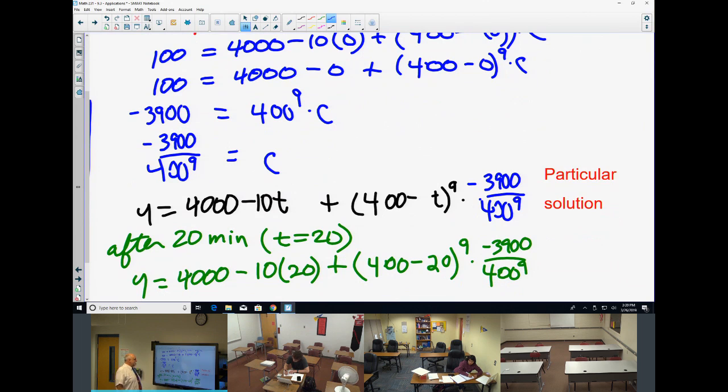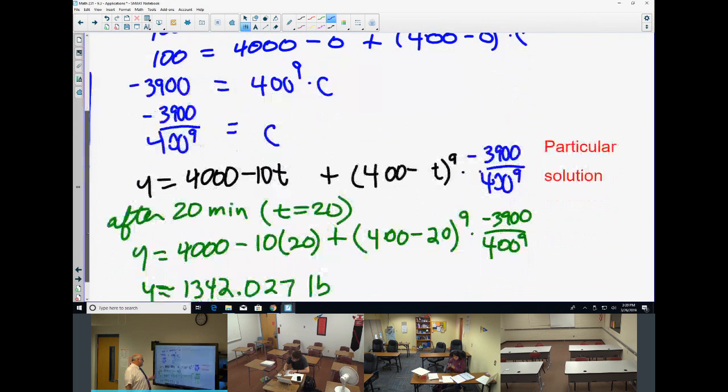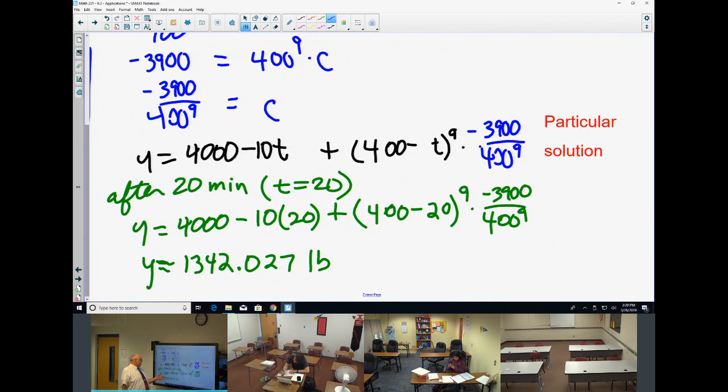What's the y? So then you plug in 20 for t here and here, and then that's just a calculator problem. So you plug in 20 for t, and then you get 1,342.027 pounds. So that's how much of the additive is in there after 20 minutes. Okay.